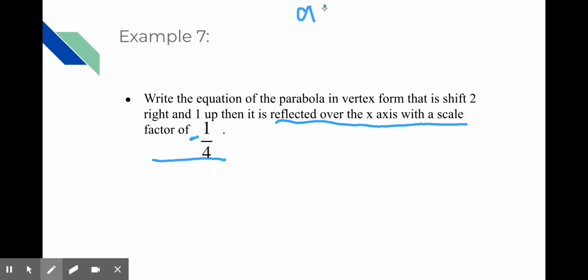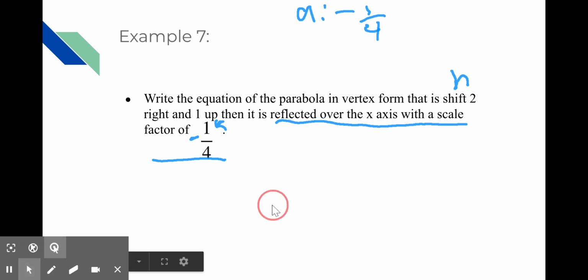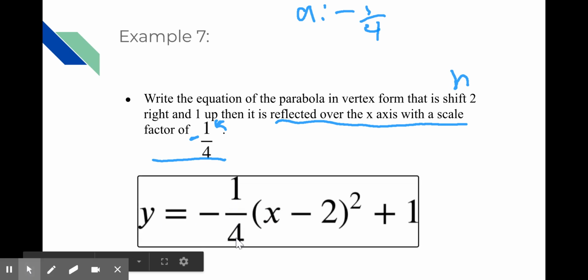So our a is negative 1/4. So it's 2 to the right, that's your h, and 1 up, that's going to be your k. So if you type it in as your equation, -1/4 as our scale factor, x minus 2 because it's going 2 to the right, and then our k is plus 1.